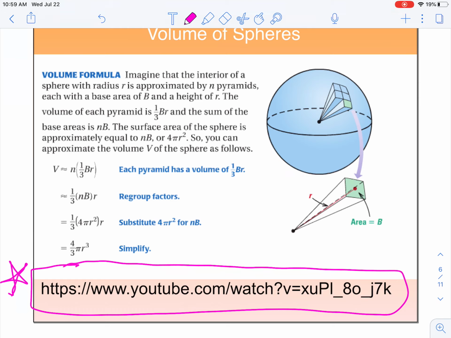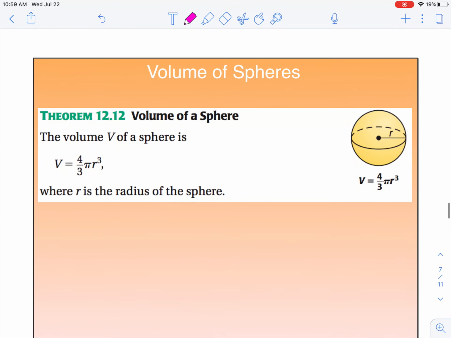And we know how to find the volume of a pyramid, but we don't really know how many there are. It's a really cool explanation. I'd really encourage you to look at it. But basically, the volume of a sphere boils down to 4/3 pi r cubed. So that is our volume of a sphere, 4/3 pi r cubed.